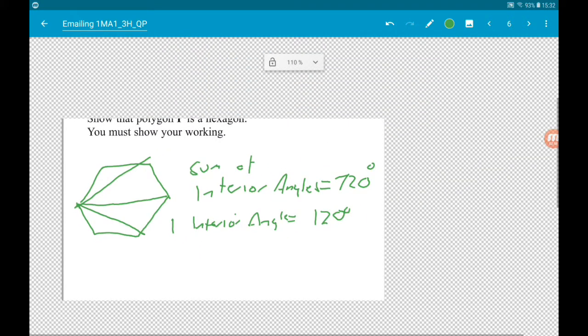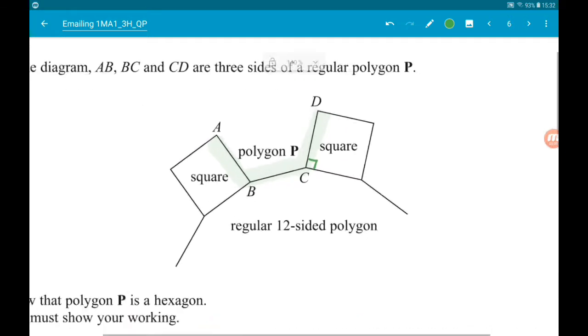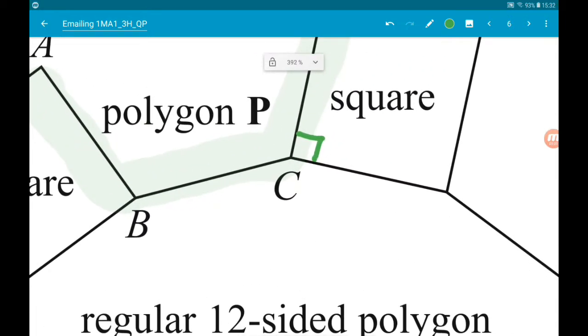So, we need to show that this angle here is 120 degrees. So, how in the world are we going to do that?